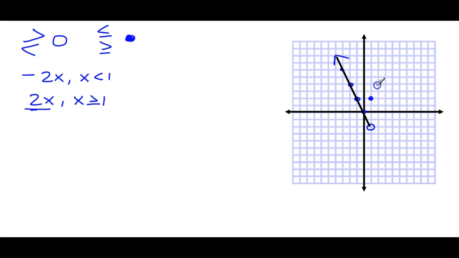Up 2, right 1, up 2, right 1, up 2, right 1, and then let's try to draw a line. Oh, no, I don't want it there. It has to go here. Let's see if I can erase that one. Nope, it's not going to let me. So we're going to pretend that one doesn't exist.